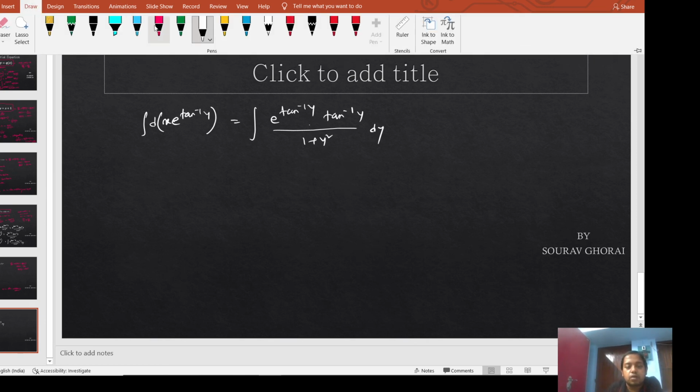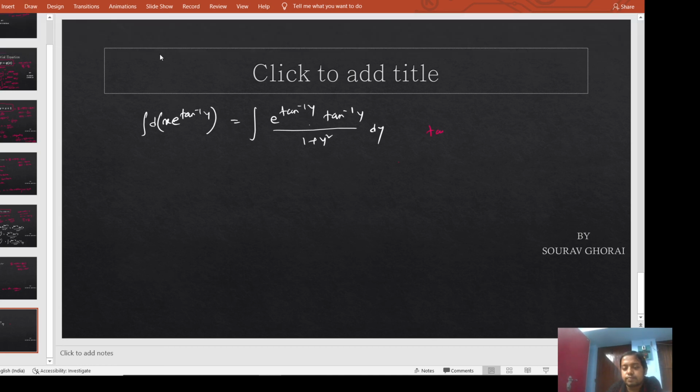Here, if we solve it, let tan⁻¹y = z, so 1/(1 + y²) dy = dz. So we get the integral ∫z e^z dz. Now we solve it by integration by parts, where z is the first function and e^z is the second function.